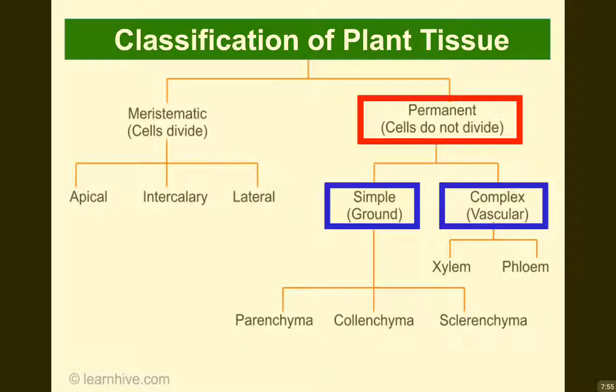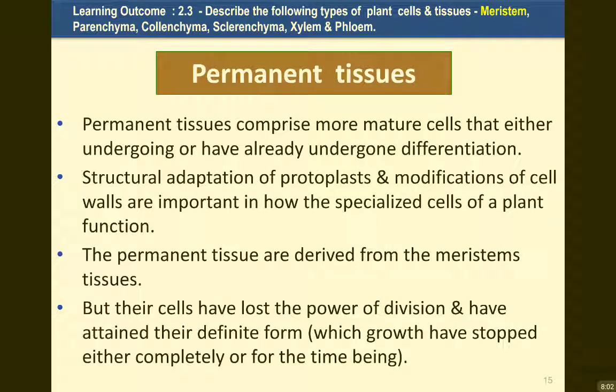Okay, so the next one, permanent tissue, the cells which do not divide. Okay, so permanent tissues, they are already mature, or they have already undergone differentiation. So where we get the permanent tissue, actually it is derived from the meristem tissue just now. Remember just now we said that meristem tissue is young and keeps dividing. So after they mature, they will become this permanent tissue.